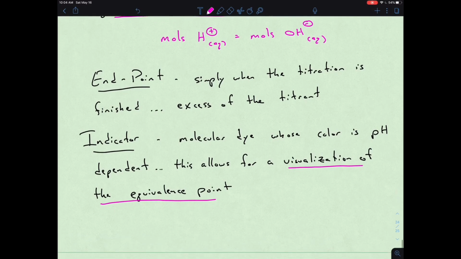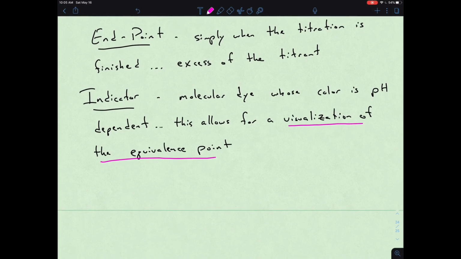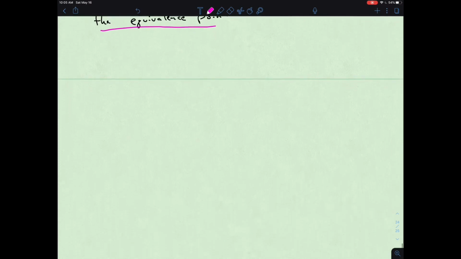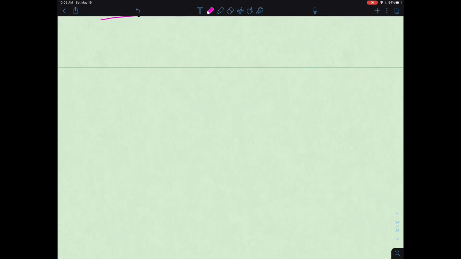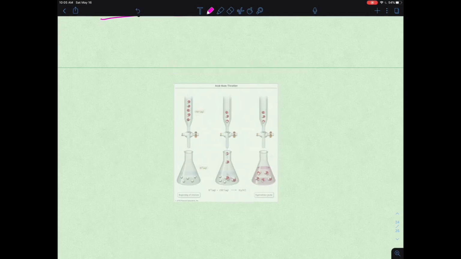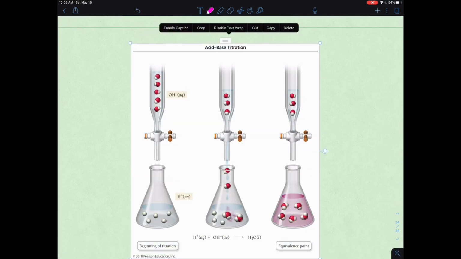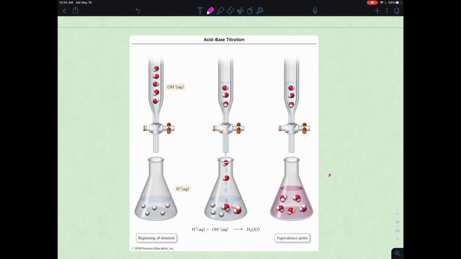As far as a way to visualize this type of experiment, we could look at something like this as far as an acid-base titration. What we have above is known as a burette.